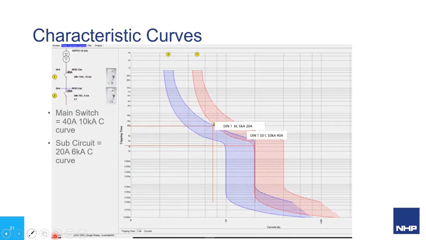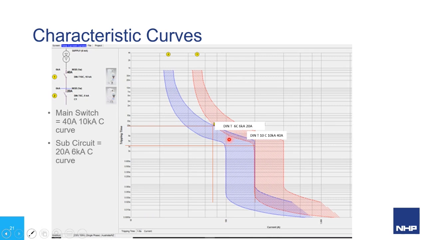Let's have a look at characteristic curves, time current curves of devices. Seen here, we show a main switch, a 40 amp single phase main switch with a C curve, and the downstream sub-circuit is a 6 kA 20 amp C curve breaker.